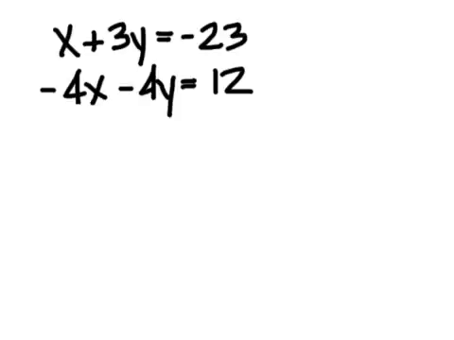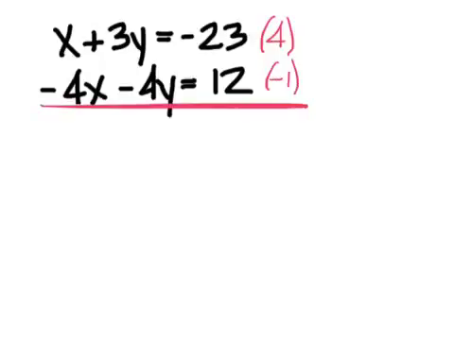What would I have to multiply the top equation by to get a 4 right here? 4, yeah. So we'll multiply the top one by 4. And then what would I have to multiply the bottom one by to get a positive 4 here? Negative 1, yes.